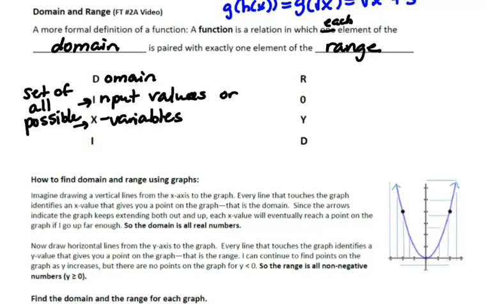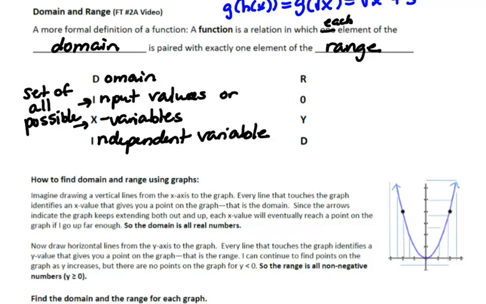Now why would I want that last I? Well, that input variable or that x variable is often called the independent variable. It's called the independent variable because I get to pick it. I can pick anything I want that fits in the domain into that function and then figure out what y means. So I pick the x and figure out y. So it's called the independent variable.